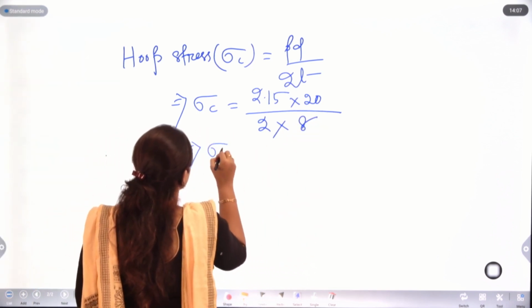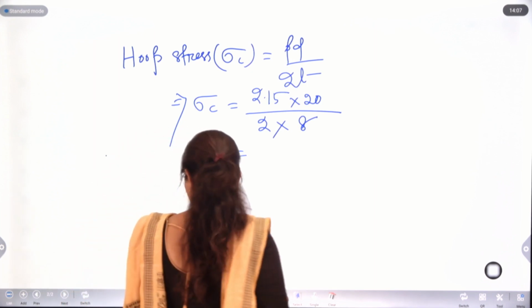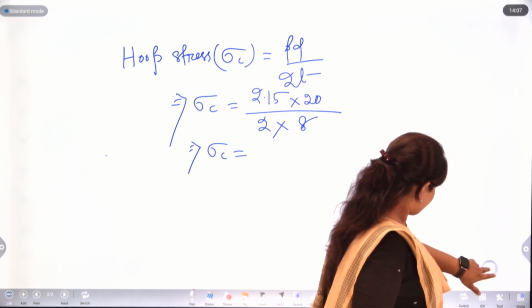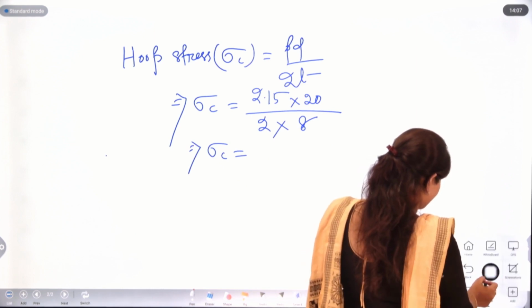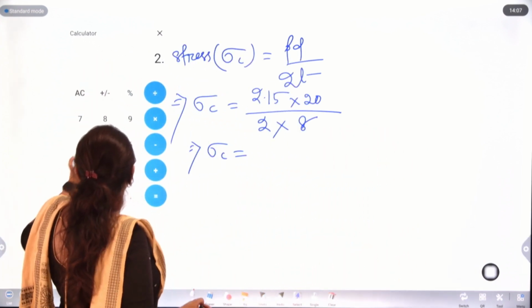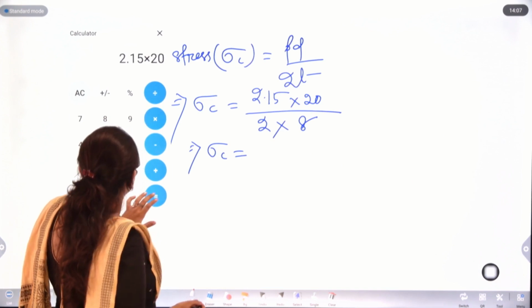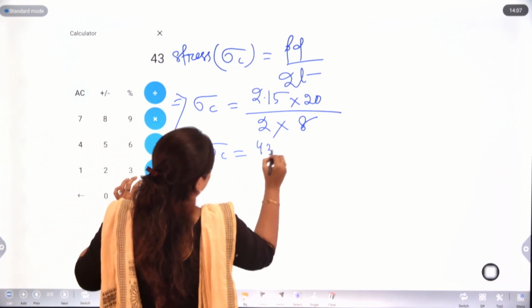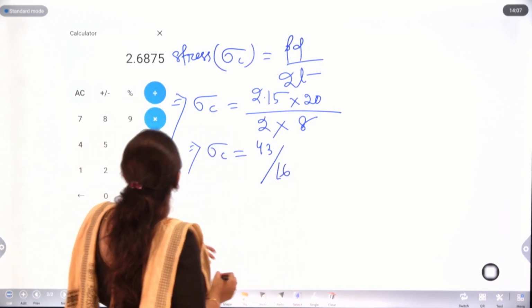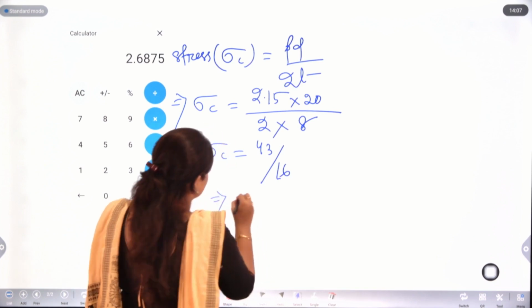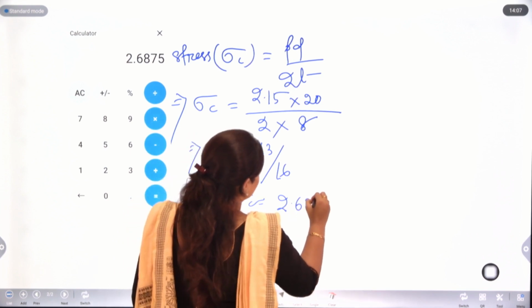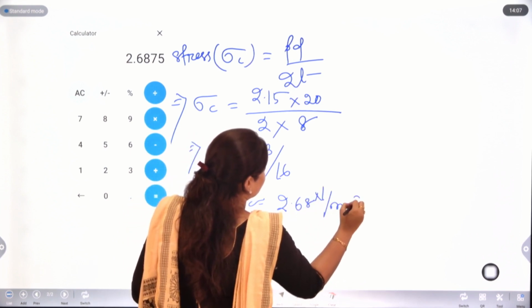So our hoop stress will be 2.15 multiply with 20 upon 16. So our sigma c will be 2.68 Newton per mm square.